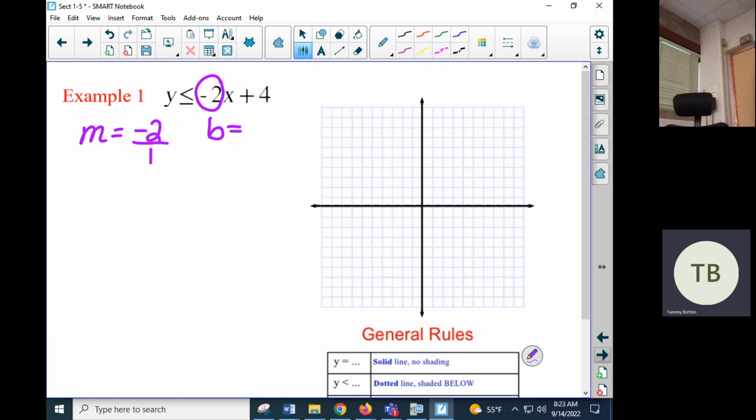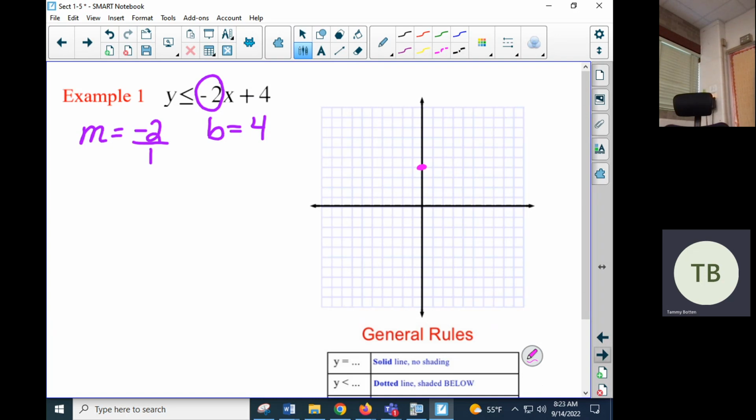Then your y-intercept is this with the sign. So if this was -4, your y-intercept would be a -4, but it's positive, so my intercept is just 4. So then I would go to my graph and I would go to my y-intercept first, and I would plot 4. 1, 2, 3, 4.